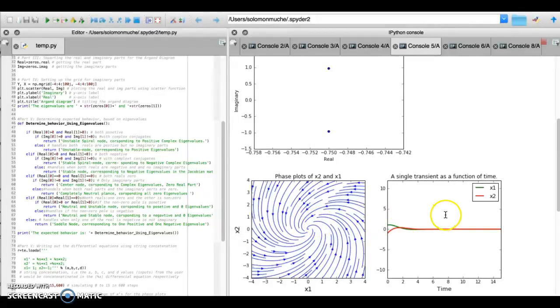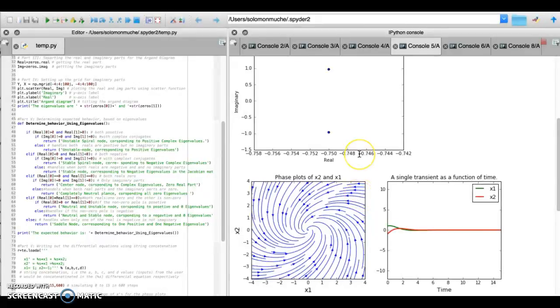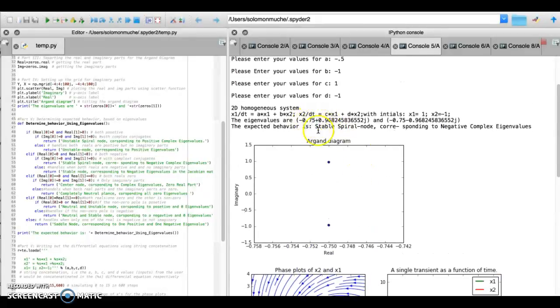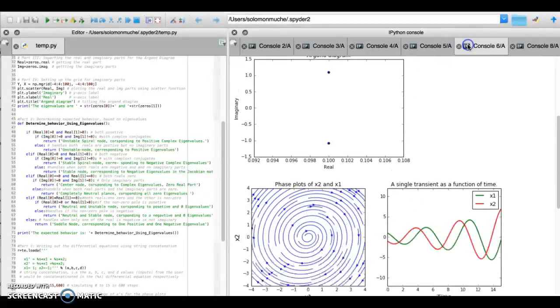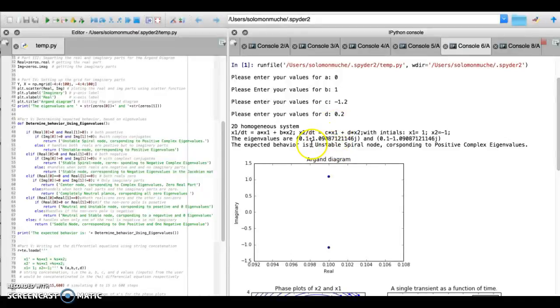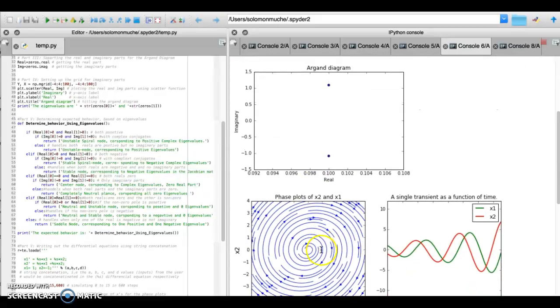And the time plot also shows a little oscillating because we saw the eigenvalues have an imaginary part, so we should expect it to oscillate, and that's what's happening here. And another example is when the eigenvalues are complex and both the real parts are positive, and we should expect the system to be unstable, and that is what's happening.